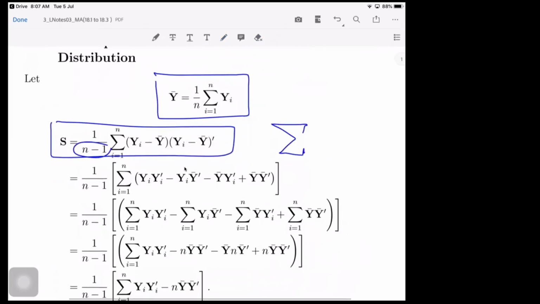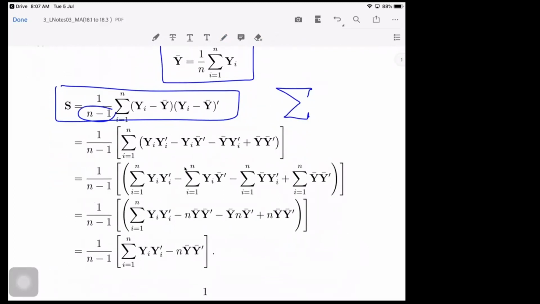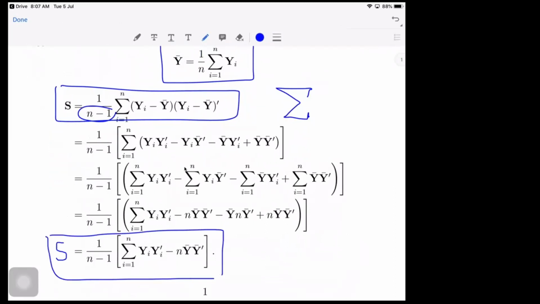And we need this transformation, or we write S as a function of the summation of yi prime, because later this is a sufficient statistic, and y bar, which is the summation of yi times 1 over n, will also be a sufficient statistic.